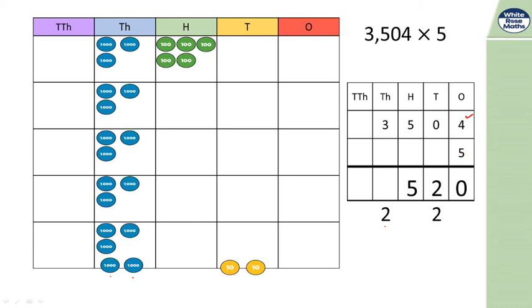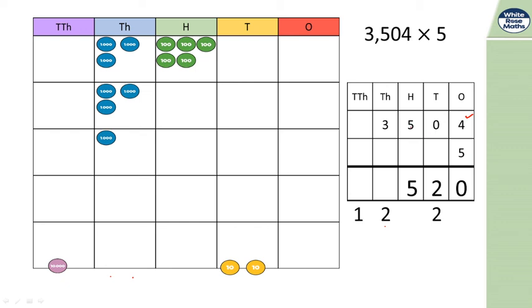So now we're going to do 5 lots of 3,000. So 5 times 3, or 3 times 5, you know that that's 15. So I've got 15 lots of 1,000 in there. You know that's more than 9, so you know you're going to have to exchange. So we've got 10 thousands there. They are going to have to exchange for 1 ten thousand.